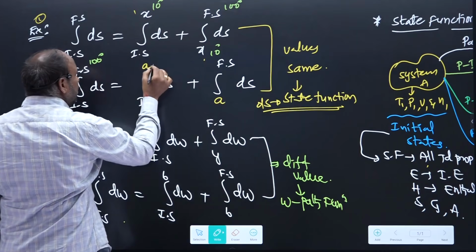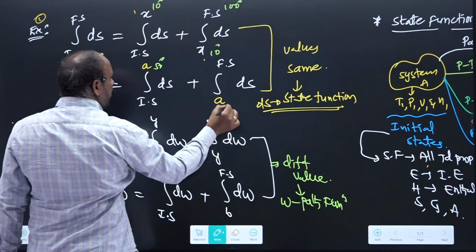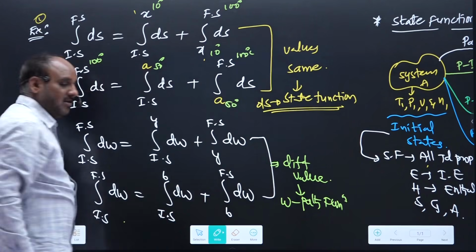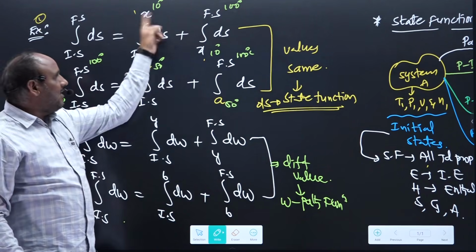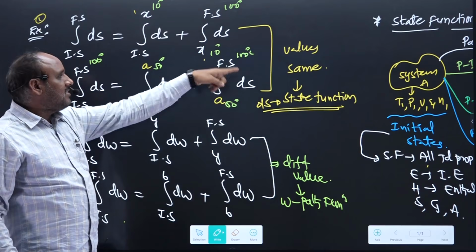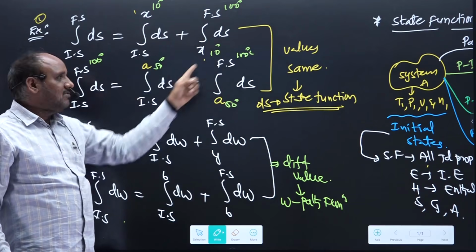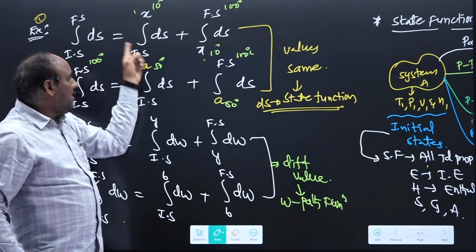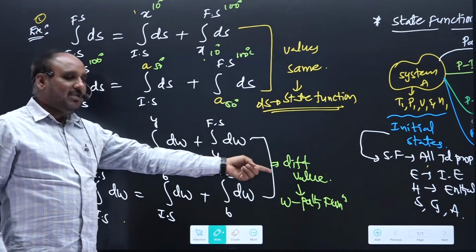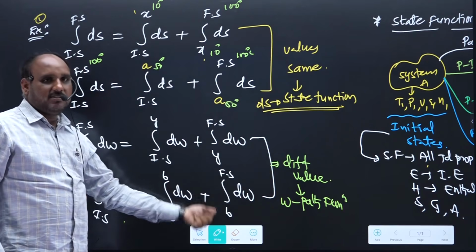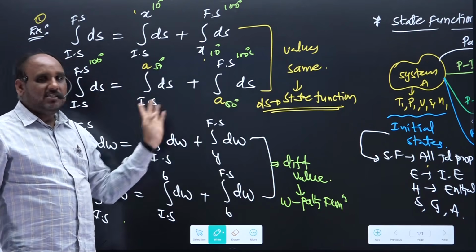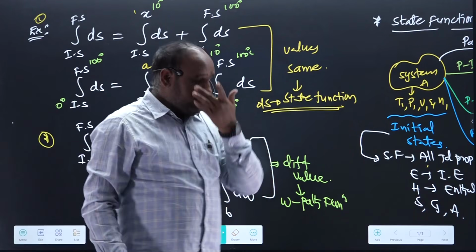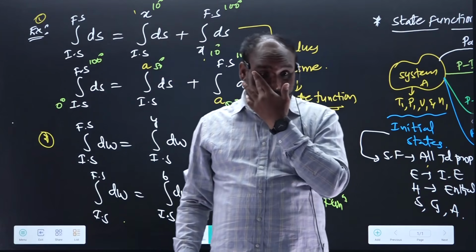Initial 0 to 50 degrees, then 50 to 100 degrees. Here the pathway was different. This function depends on initial and final only. That's why we are getting the same answer, same value. If the pathway is different, for W we are getting a different value, meaning it depends on pathways. So these are the state functions and path functions. The relation between these state functions and path functions we are going to discuss.